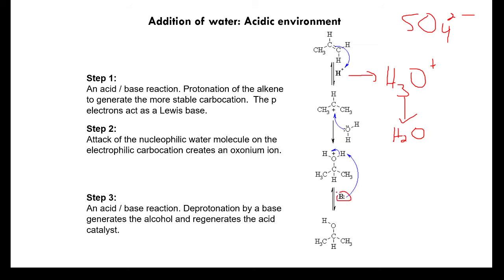Well, where does my base come from? I can add a base. Possibly the SO4 2- could be that base. It takes off one of the hydrogens, and I'm left with an alcohol. Key here again, due to Markovnikov's rule, I'm either going to be a secondary or tertiary alcohol. I cannot be a primary alcohol this way.